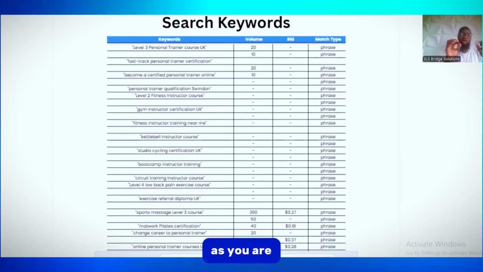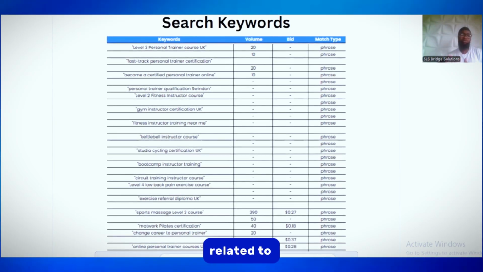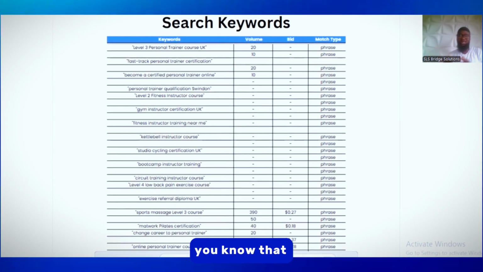When you bid on keywords, there are searches people might make that are not directly related to what you offer. For example, if somebody who sells cars runs a search campaign on cars using broad match, your ads can appear for terms like toy cars, which are not even related to the type of car you are selling.